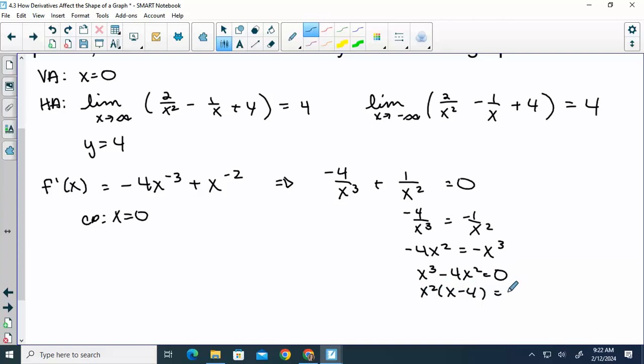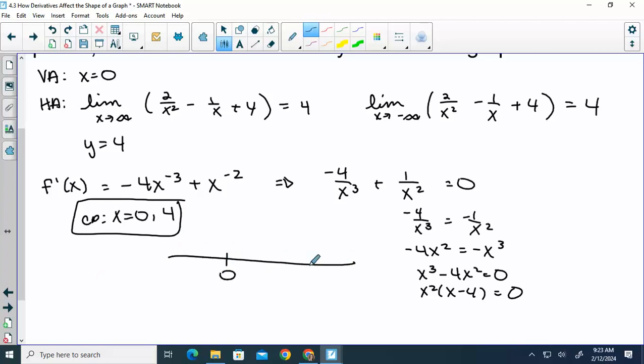The only other critical point we get is 4. So if we do our sign line, we are doing these for the derivative. If you put in a negative 1, we get 4 plus 1, so that's positive.